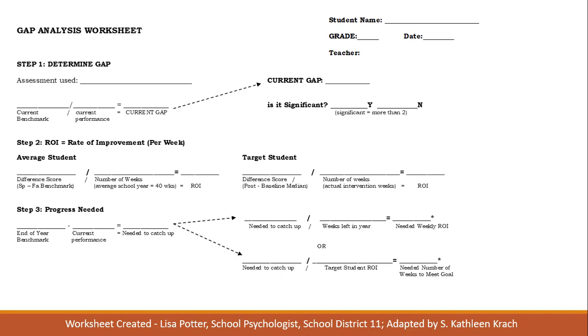And you would subtract those. And then you would divide that by the number of weeks of the intervention. So really, to get average student rate of improvement, if you're going to use a typical peer, it's going to look almost identical to the calculation used for the target student's rate of improvement. Okay, and I know that may seem a little confusing, but it should make more sense as you go through.